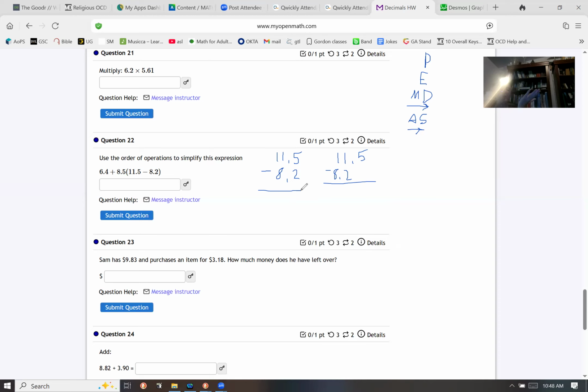I mean, I know, I agree. They're both 11.5 minus 8.2. You can do them both in your head. But if you are having the correct setup in terms of place value, which one is set up correctly and why?